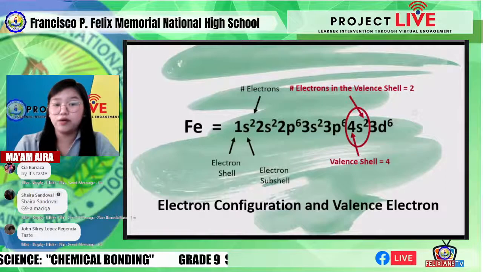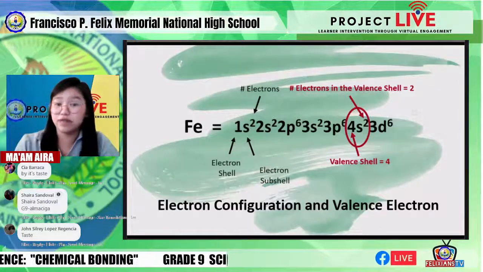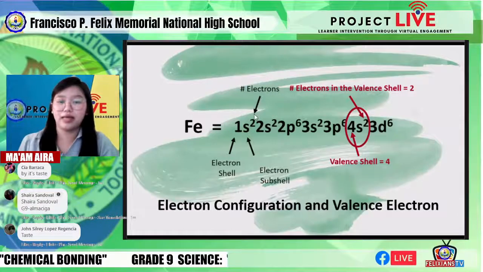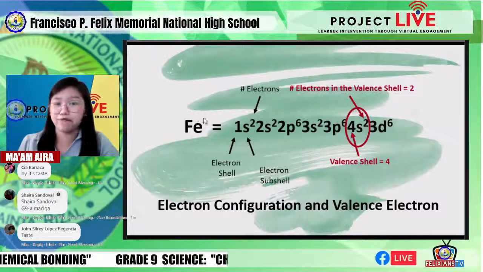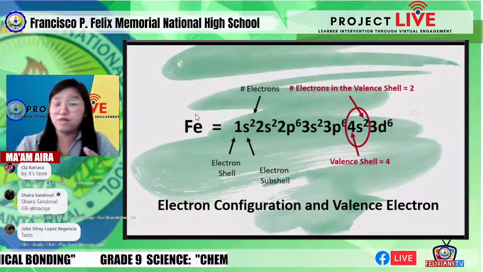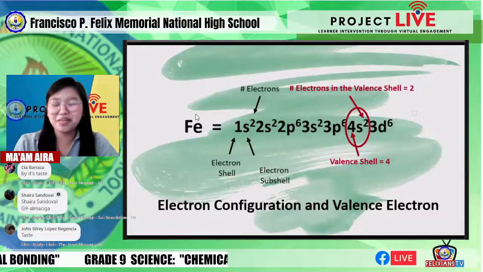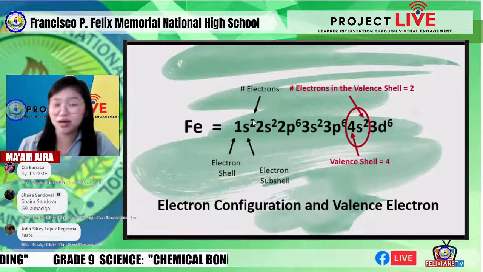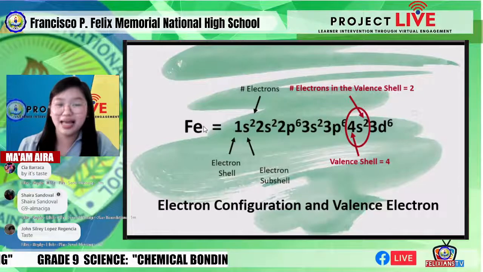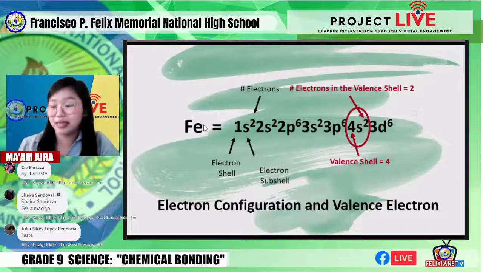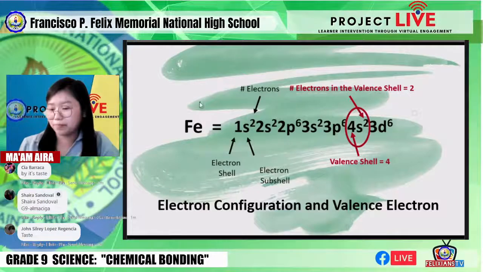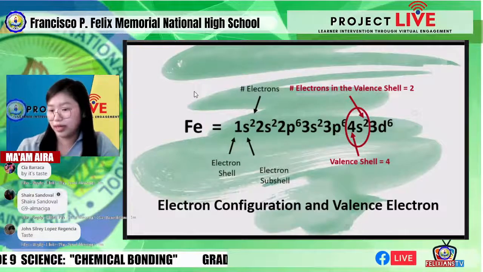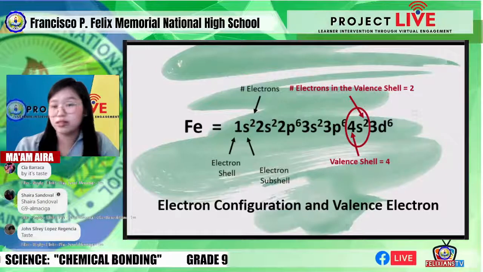Last week, we discussed the electron configuration. So to have a recap, let's have this example. So we have here Fe. I hope you have with you your periodic table of elements. Now, I want you to type in on the comment section, what is the element name for Fe? Okay, so I'm looking right now at the comment box.